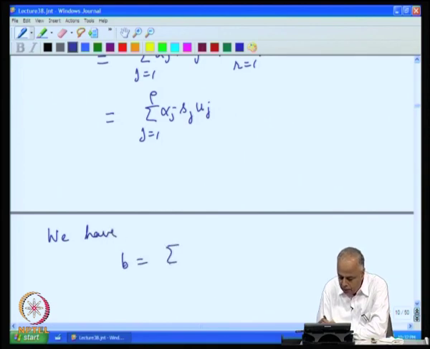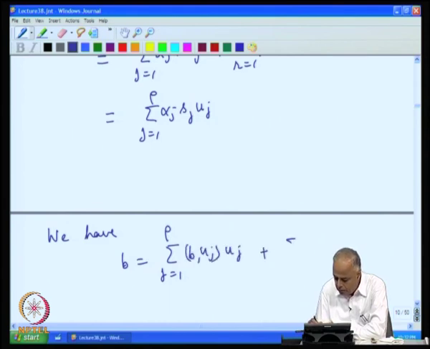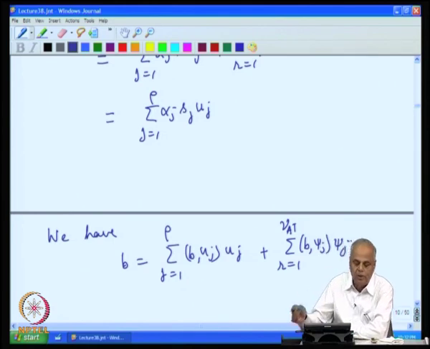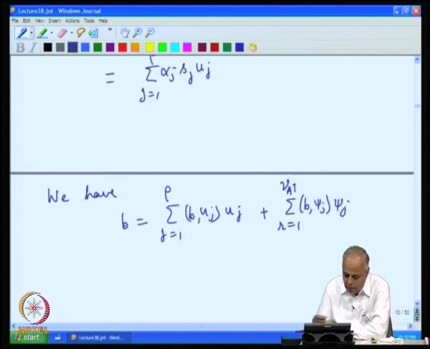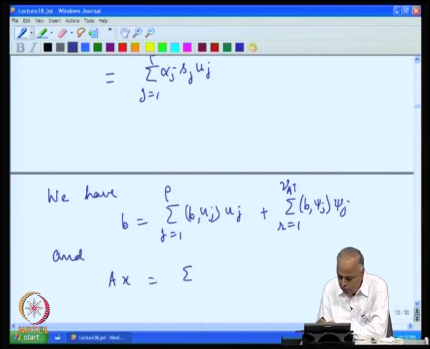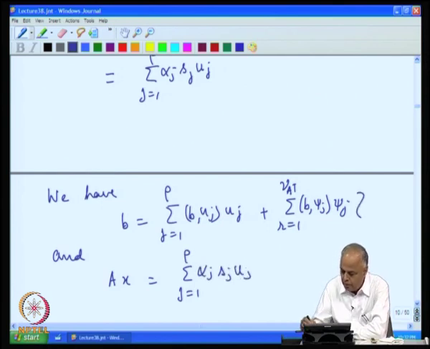Therefore, we had expanded B as the sum of B u j u j plus the sum over r equal to 1 to nu of a transpose B psi r psi r. This is the first expansion we got, looking at the known quantity, and now we have A x equal to the sum over j equal to 1 to rho of alpha j S j u j.